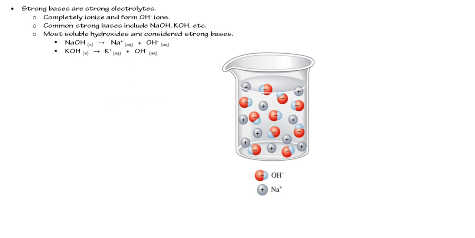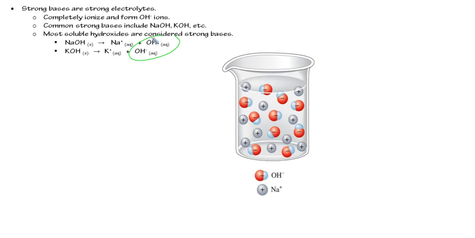Another good example of a strong electrolyte, strong bases. Bases form hydroxide. So if I look at a solution and I see hydroxide ions present, I can tell you right away that it's a base. A strong base will completely ionize to form hydroxide. So again, in this beaker, there are no neutral sodium hydroxide molecules.